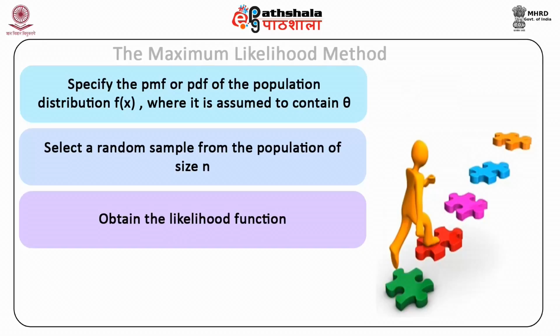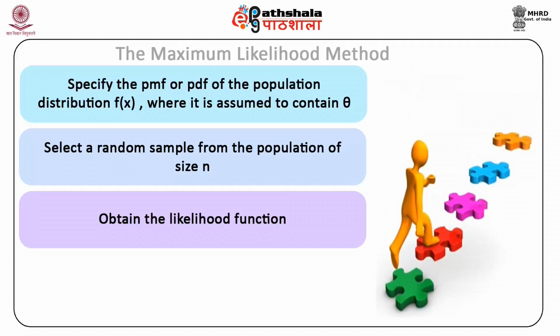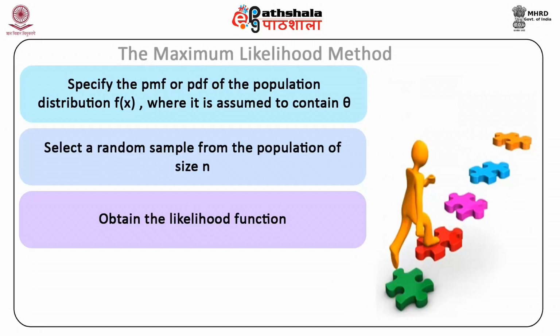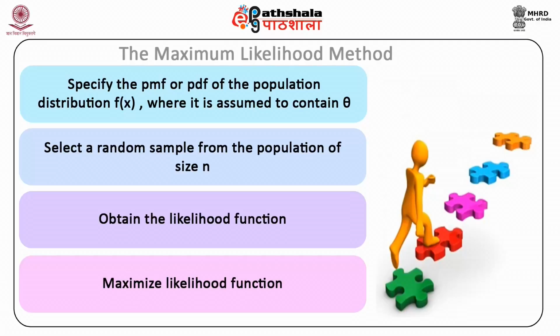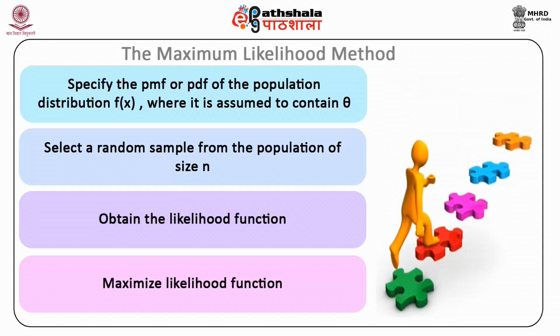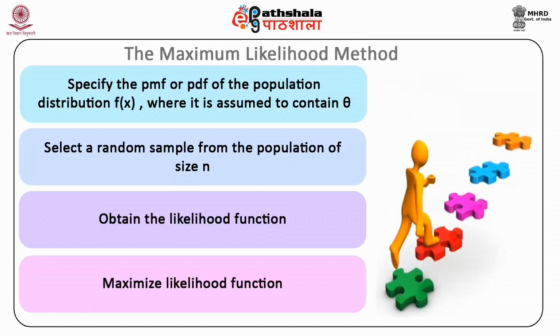Third, obtain the likelihood function L of theta given values x1 to xn, the joint probability density of sample observations as a function of theta. The fourth step is to maximize this likelihood function L as a function of theta, where x1, x2, xn are the sample values, to obtain the maximum likelihood estimator of theta, that is theta hat.